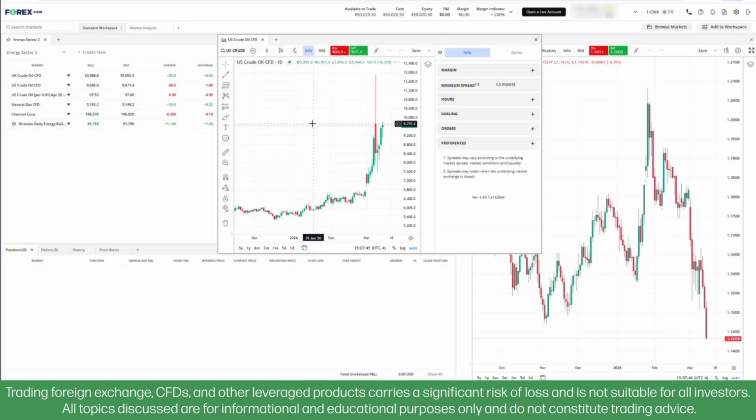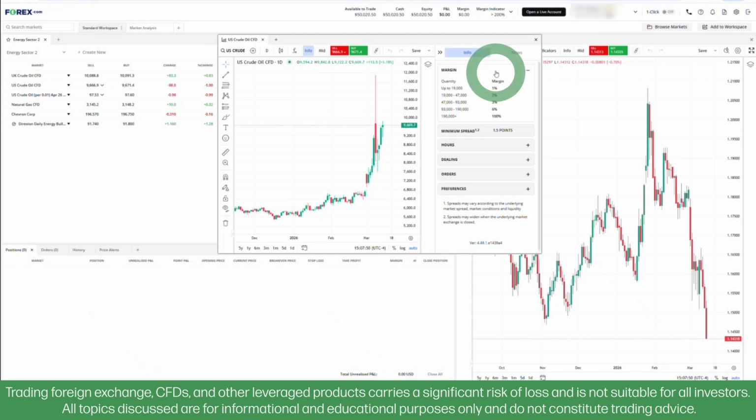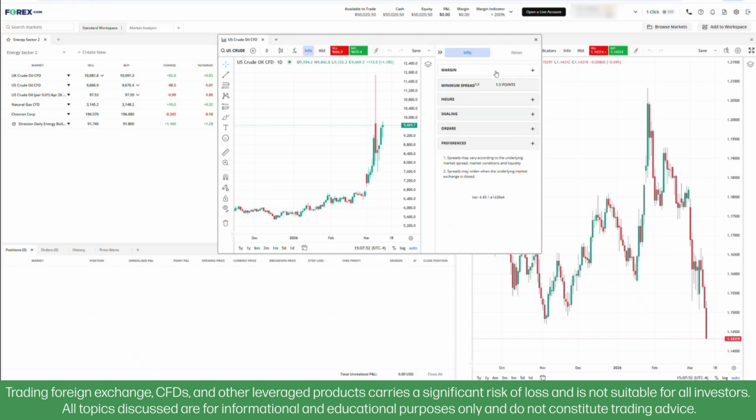at first. Market info will give you information such as what the margin rates are, the hours of dealing, along with orders and preferences here. It's very important you know exactly what market you're trading by looking at the market information tab.